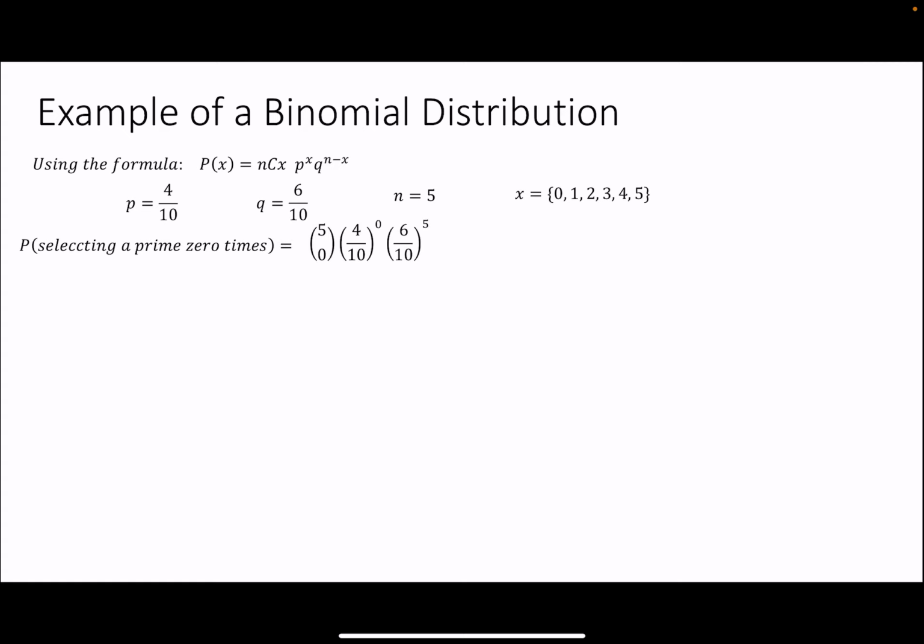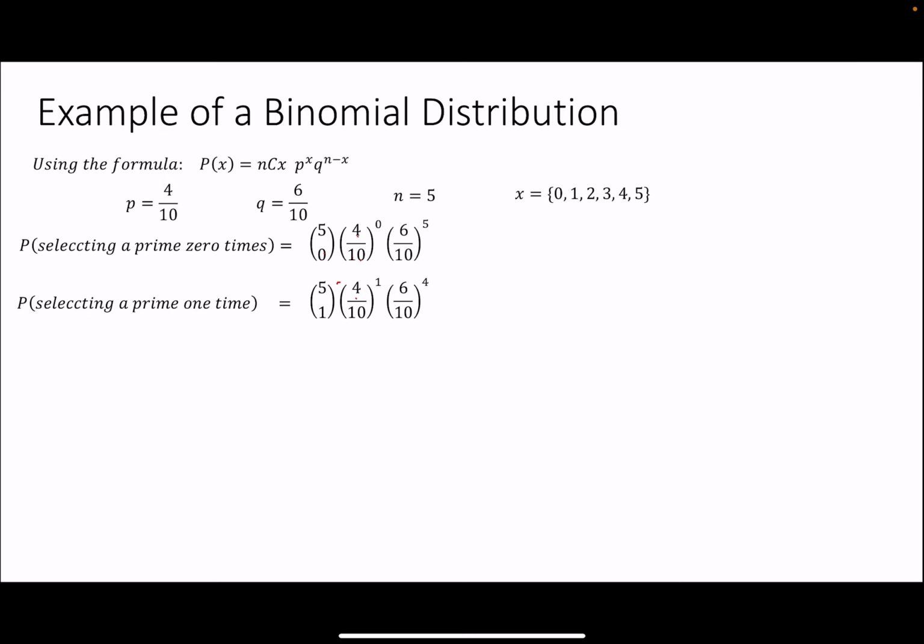So probability of selecting prime 0 times. We have 5 choose 0, right? Probability of success, 4 over 10 to the power of 0, right? Times 6 over 10 to the power of 5. And probability of selecting 1 prime, 5 choose 1, right?